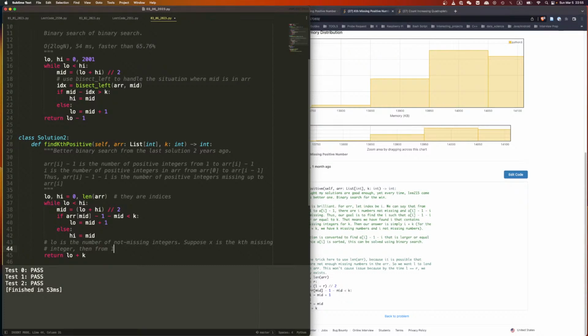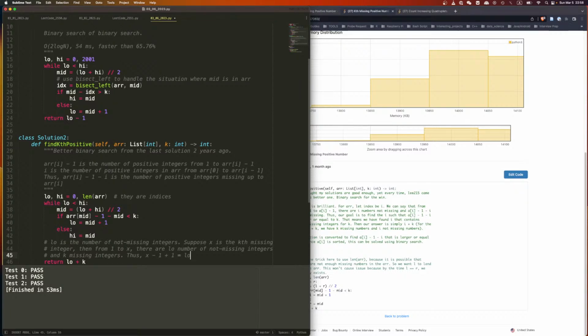Then from 1 to x, there are low number of not missing integers and k missing integers. Thus, x minus 1 plus 1 is the total number of integers from 1 to x.